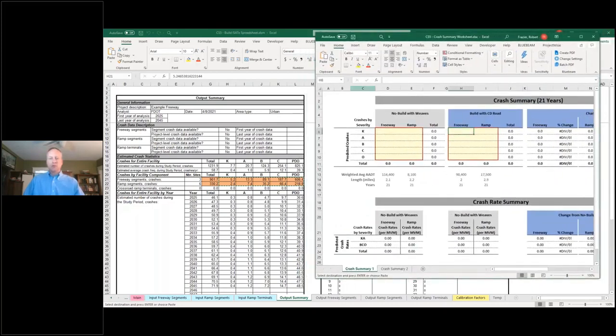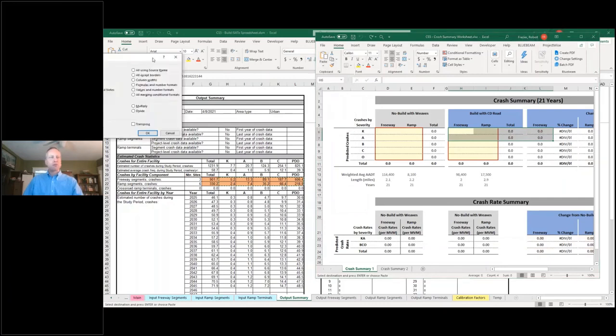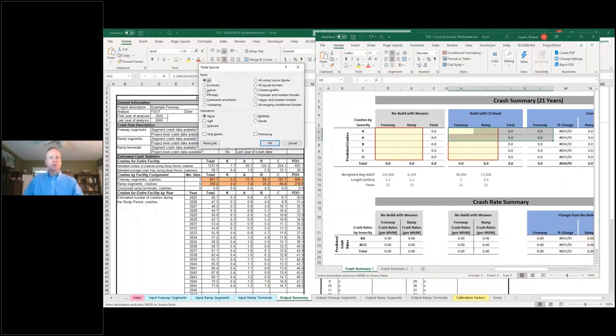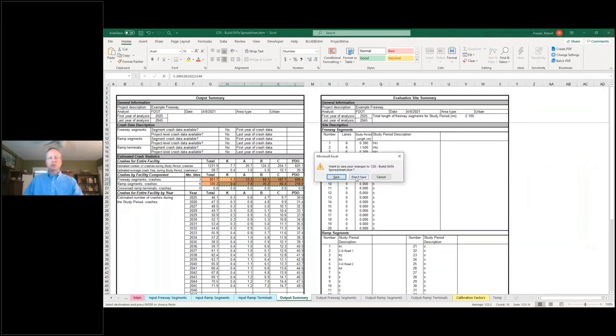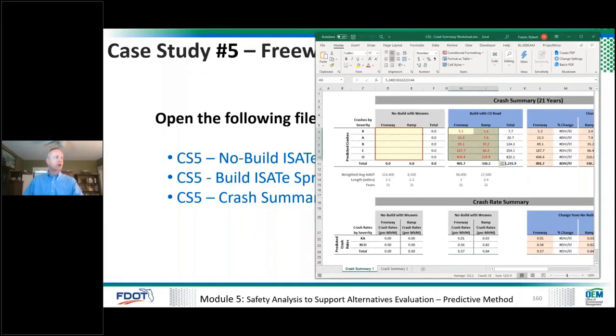I'm going to go ahead and put those in here using the same process of paste special and values transpose, and I'll get my other ones in there. I'm going to close this out so it doesn't give me problems.